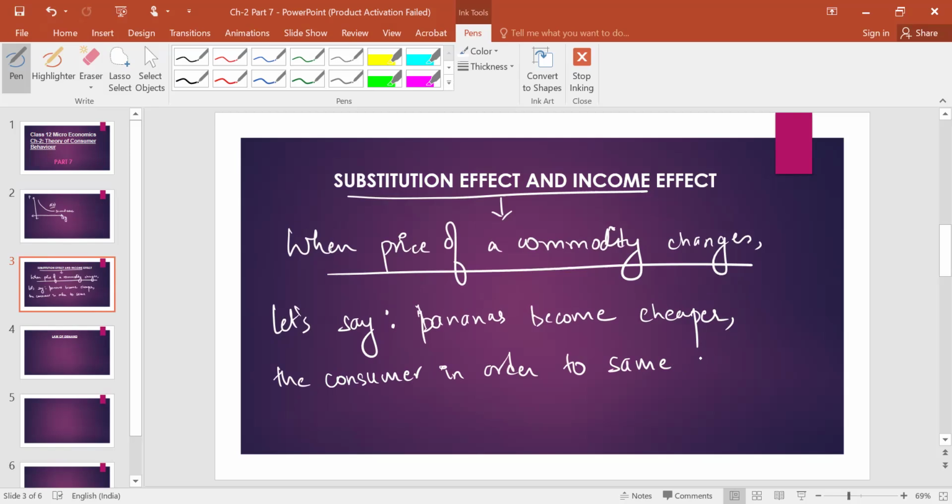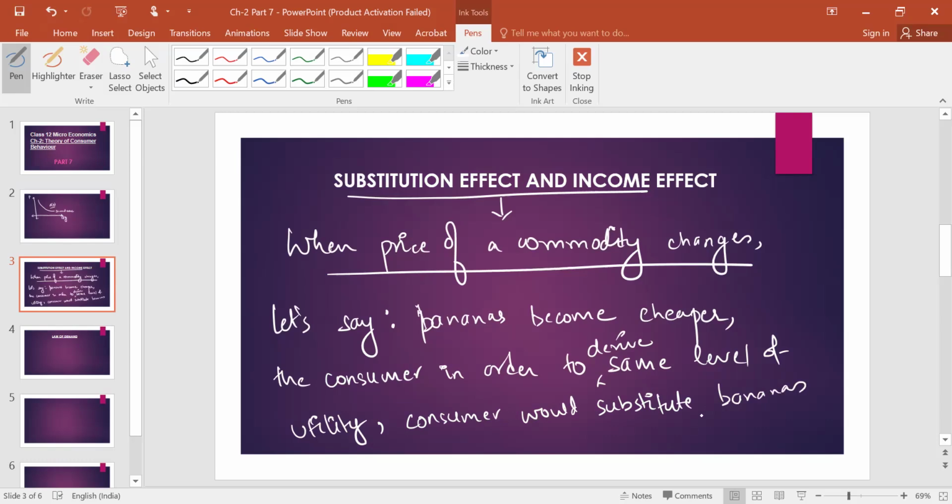In order to derive the same level of utility, the consumer would substitute bananas for mangoes.